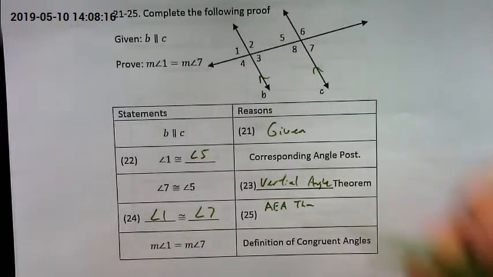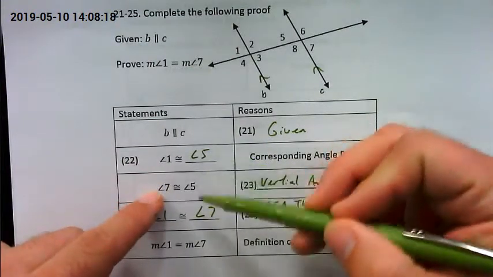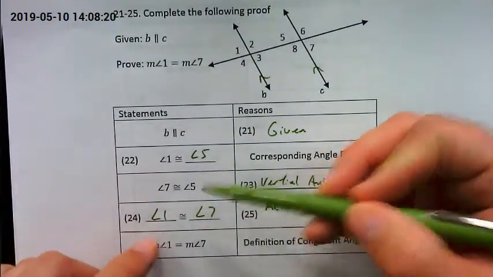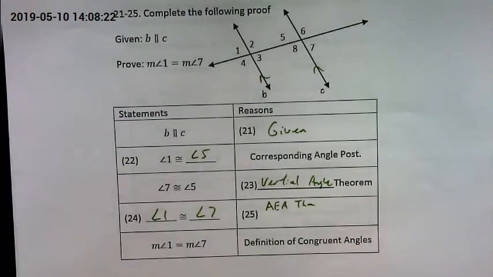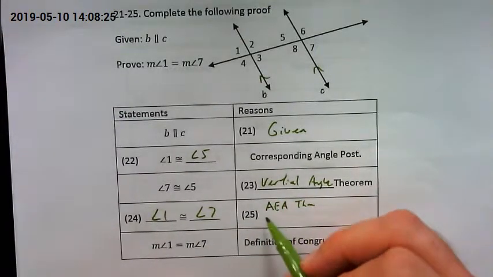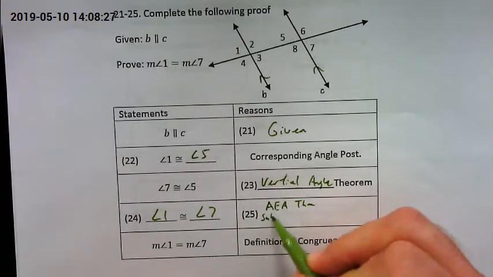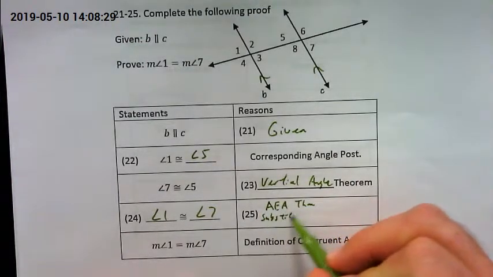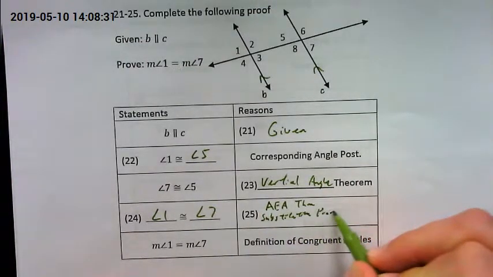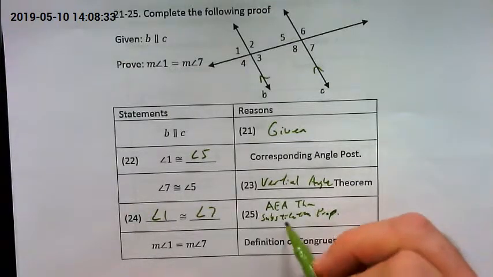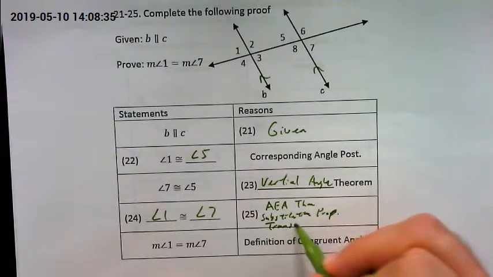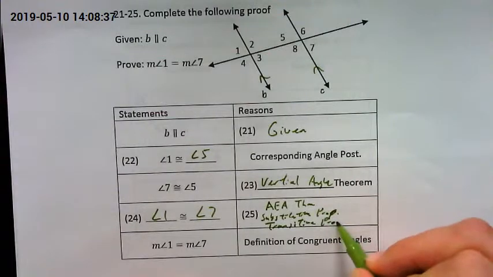Because these 2 previous ones give you enough information to say that they are congruent. Because you could either say substitution property, or, better yet, transitive property.